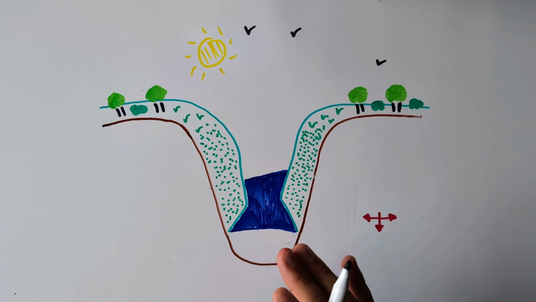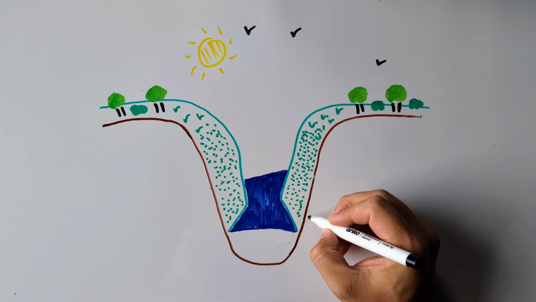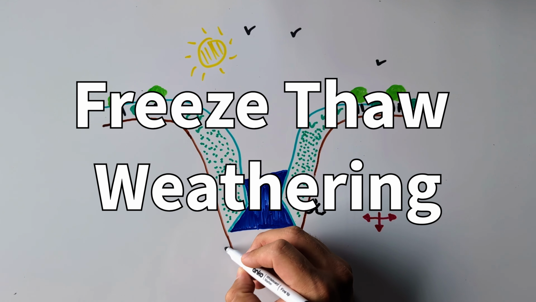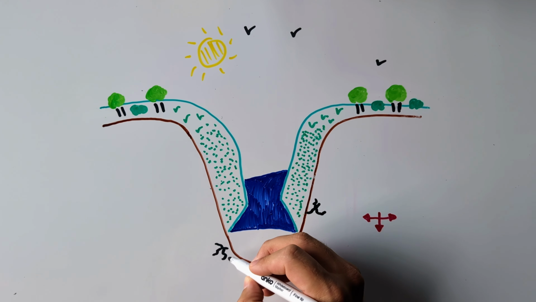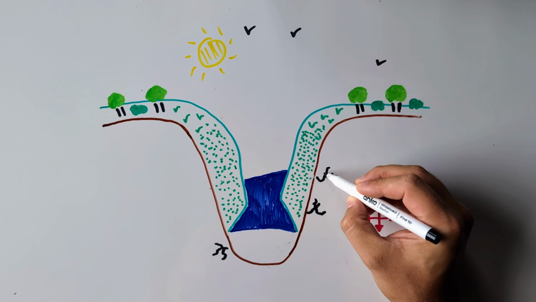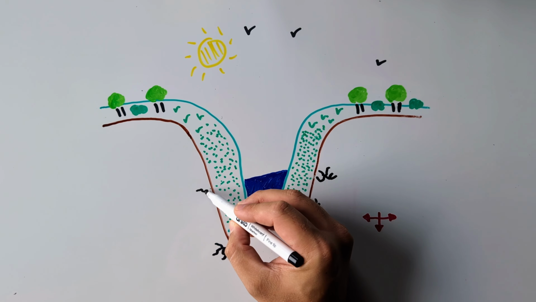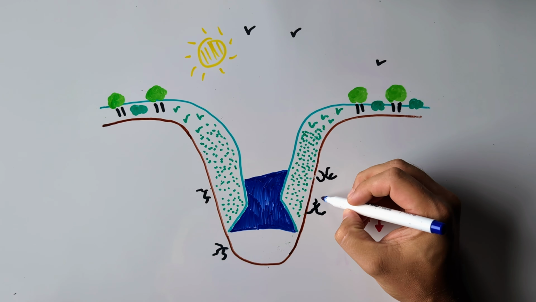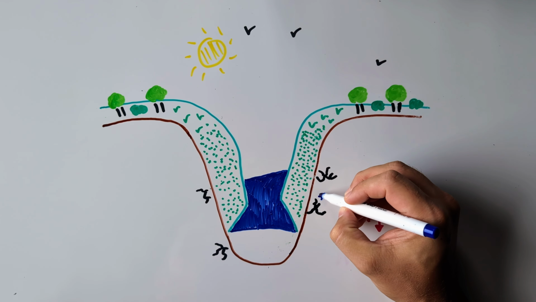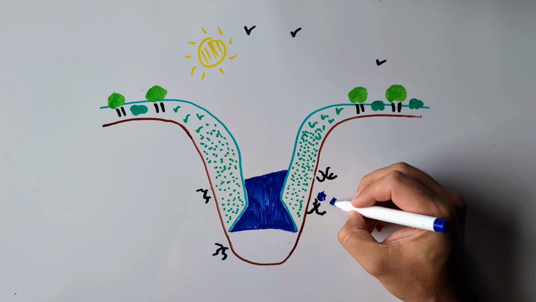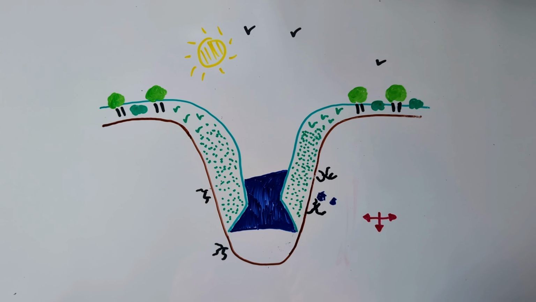The main way in which we see horizontal erosion is freeze-thaw weathering, okay? But there may also be some hydraulic action on the river banks as well. But what's going to happen is there's going to be cracks. Now with freeze-thaw weathering, precipitation, could be snow, could be rain, is going to get inside those cracks.